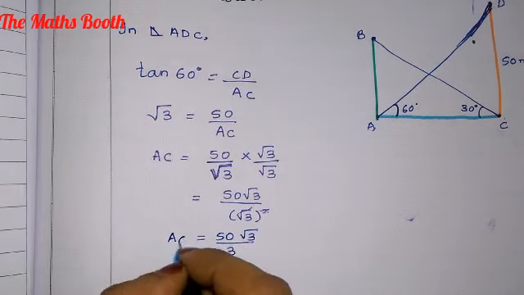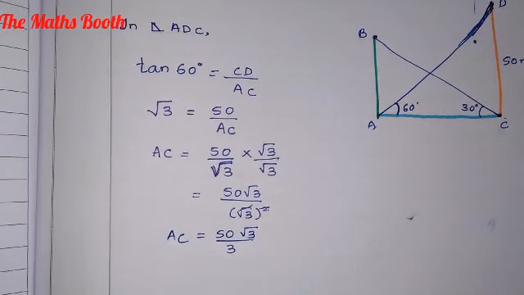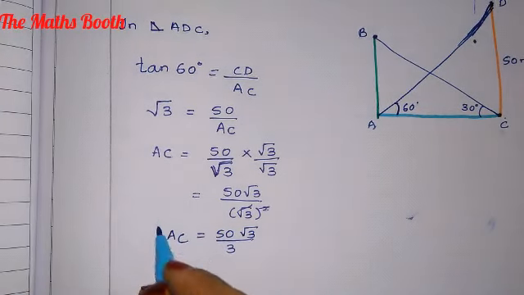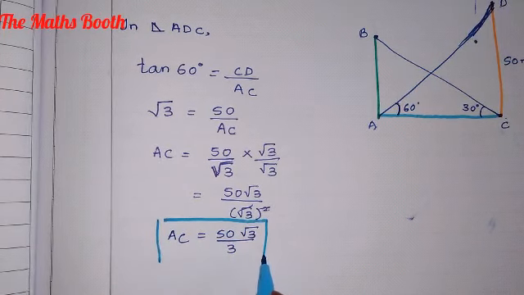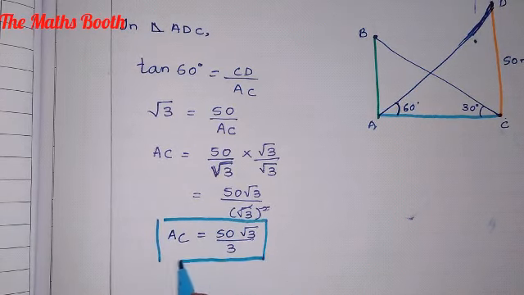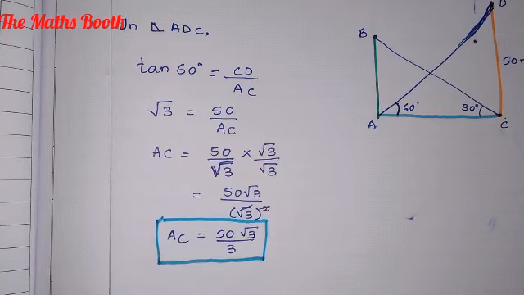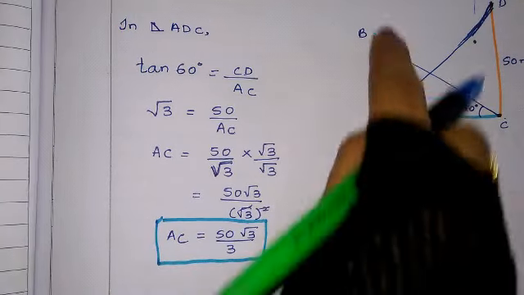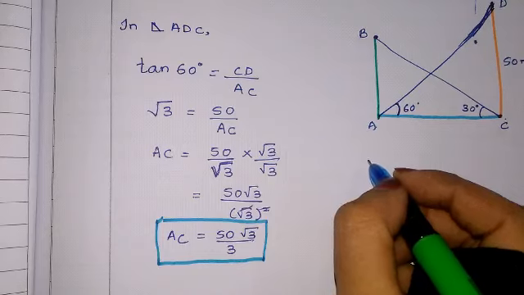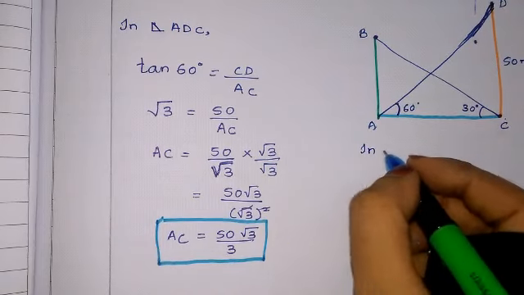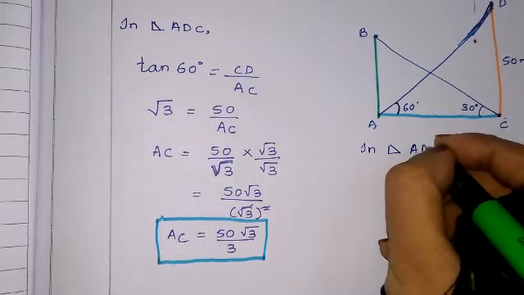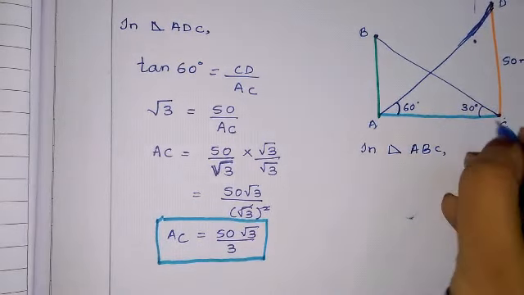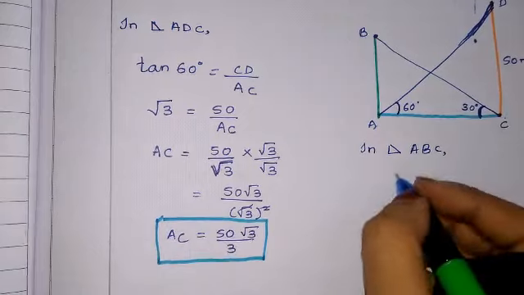That is AC. Now let us focus on one more triangle. Actually we need to find the height of the building, that is the green color line. So let us take now this triangle. In triangle ABC, tan of angle ABC, which angle? 30 degree.